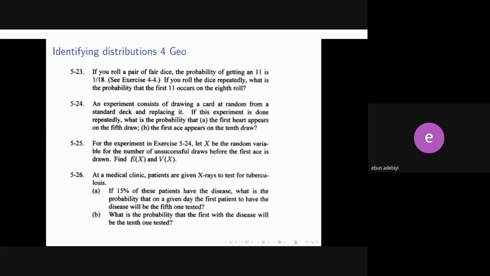But since it says replacing, the probability of taking a particular heart or spade is always 13 over 52, which is 1 over 4, in each case. But now that it's replacing, it's going to be 1 over 52. That's why I was trying to find out. No, it will still be 1 over 4, because we're looking for a heart.